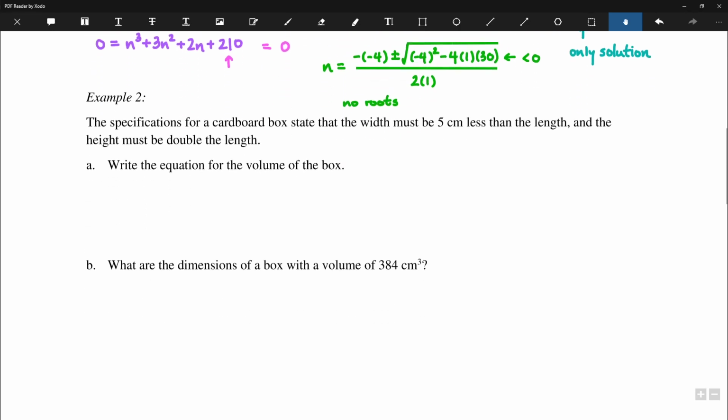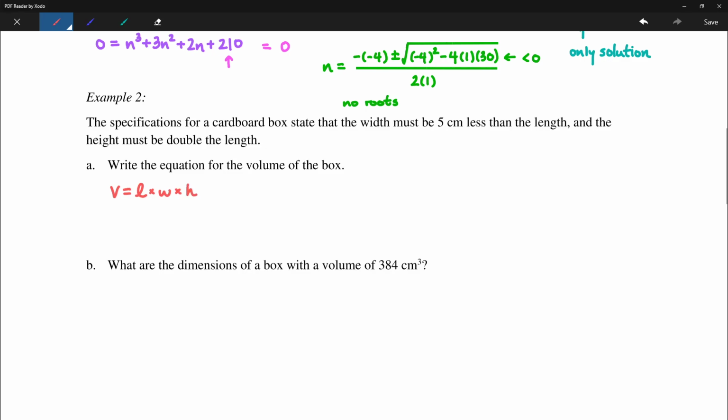Second example, the specification for a cardboard box states the width must be 5 centimeters less than the length, and the height must be double the length. So you can write an equation for the volume. V is equal to length times width times height.